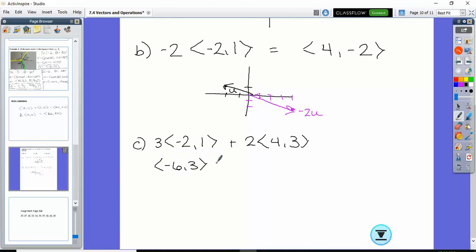You might change this to a plus and then distribute a negative through the second one, so that becomes negative 8, negative 6. If we add those together, we get negative 14, negative 3. So those are the only operations we're doing, and they are exactly as you would expect. You just add or subtract the corresponding pieces.